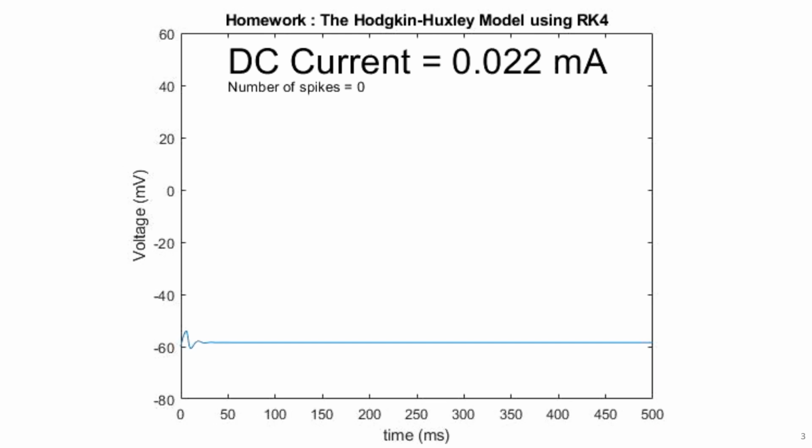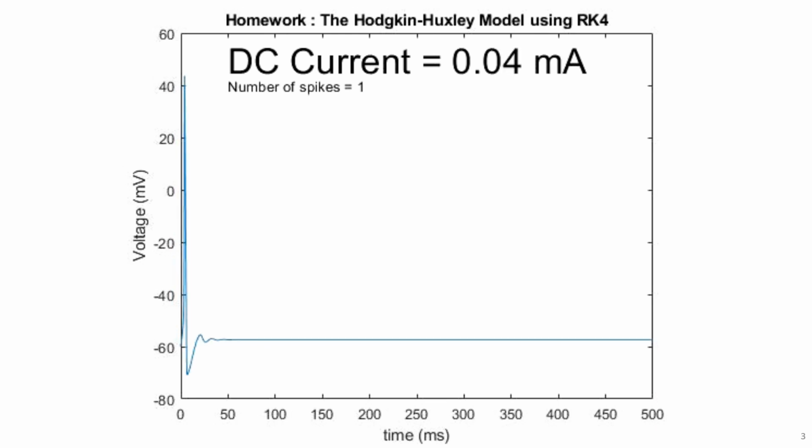It's tiny-ish, but not there yet. And at 0.023 milliamps, still no spike, but the voltage is rising. And as we get to 0.024, we see that there's a spike. It increases little by little, but as soon as it gets to the threshold, it spikes.